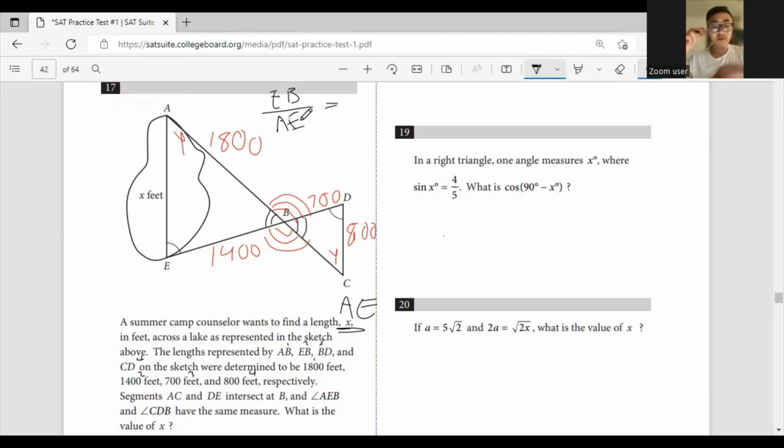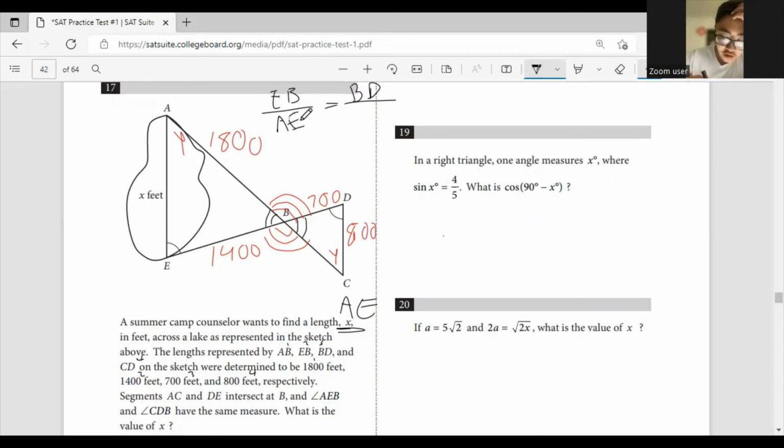Equals, okay, so now I need to find the sides that correspond with it since I know they're similar now. So side EB has the one with one triangle and one curve and two curves. So that would be the 700 here, so BD over. Now AE has the angle Y and the one curve angle.